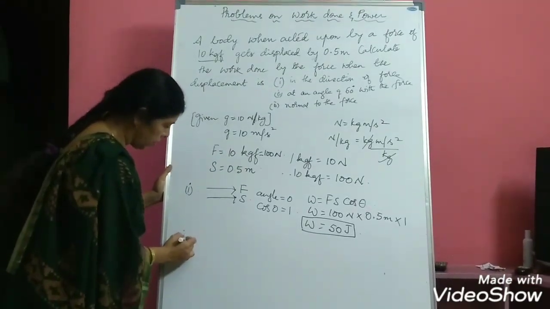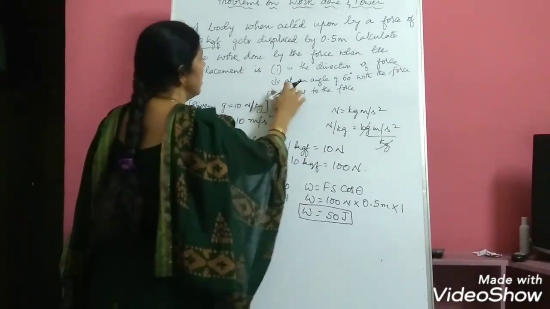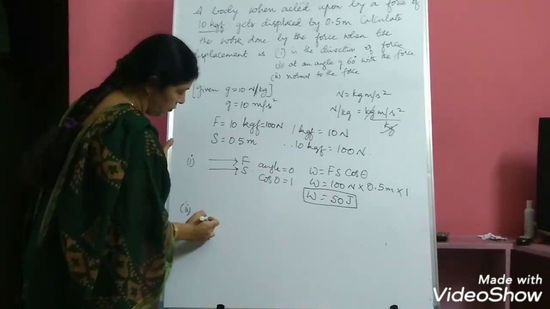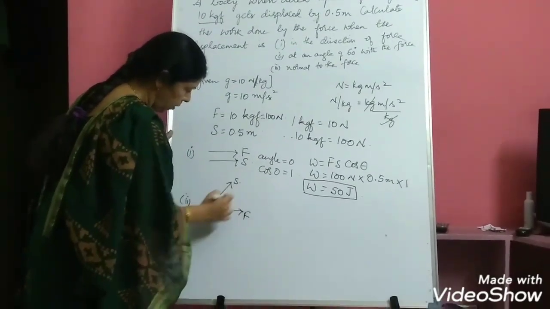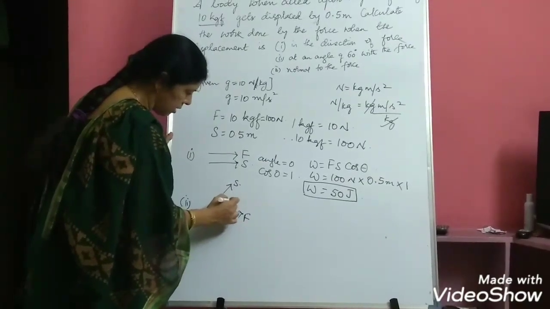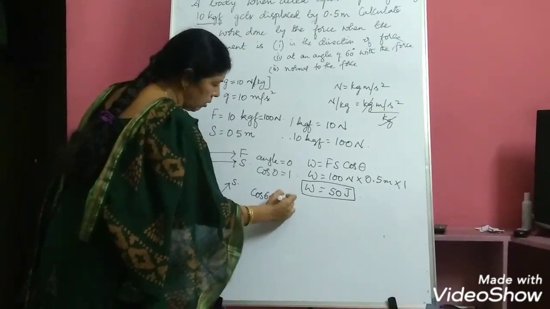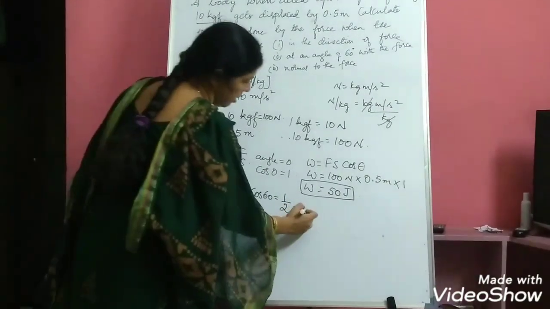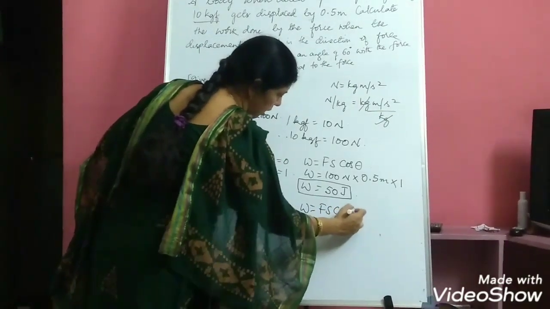Now, second question, again we have to calculate the work done when the displacement is at an angle of 60 degrees with the force. So, force and displacement, what is the angle given here? 60 degrees. Cos 60 value you have to remember, it is half. Now, again substitute in the formula W is equal to Fs cos theta.